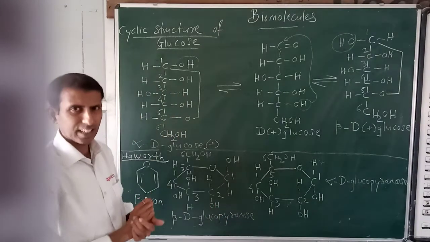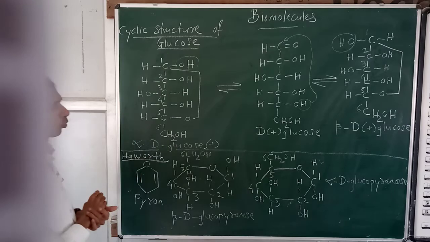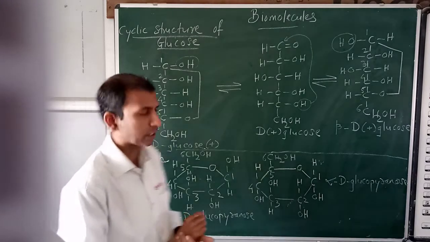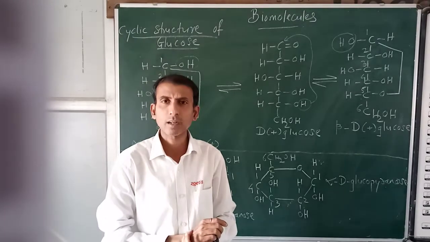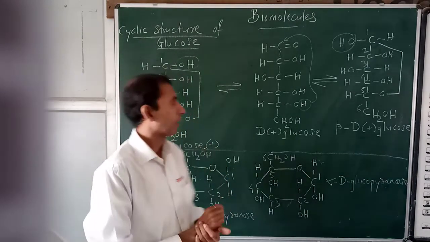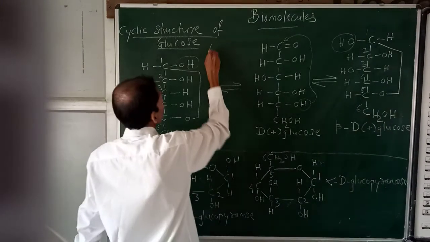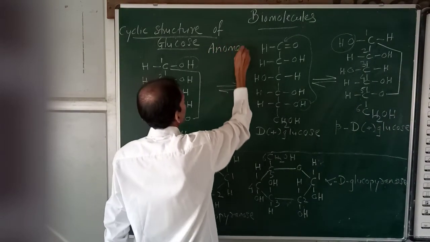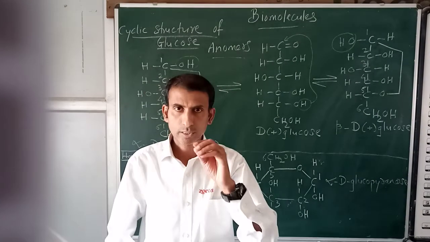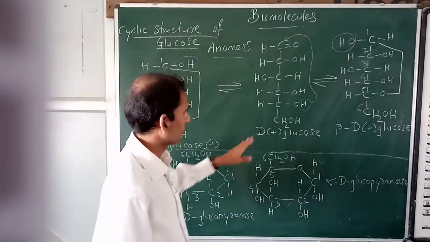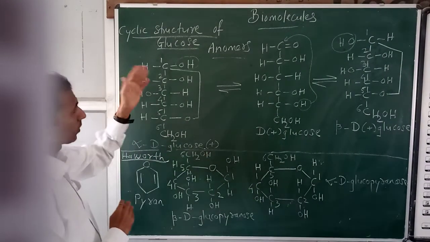So these structures directly they are asking in exam to write down the alpha D-glucose and beta D-glucose, or more specifically, to make the question more complicated, they can ask you to write down the two anomers. Write down the structures of two anomers of D-glucose. Answer is same.